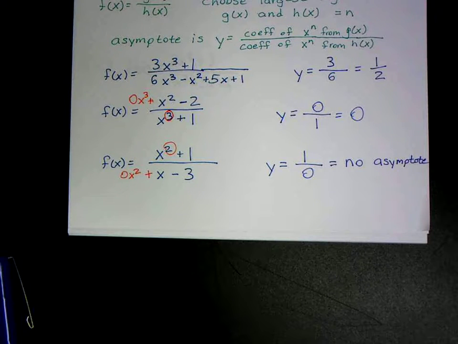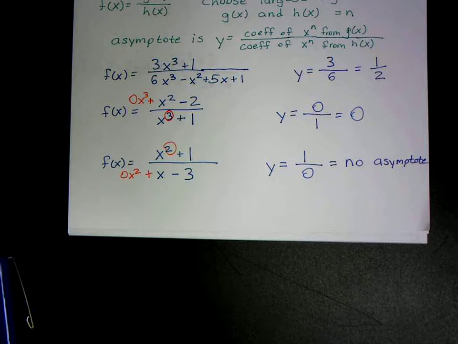Maybe 5/4. Or you mean power or number? Yep. So your coefficient needs to be a 5/4. So for horizontal, we either have one asymptote or no asymptotes.